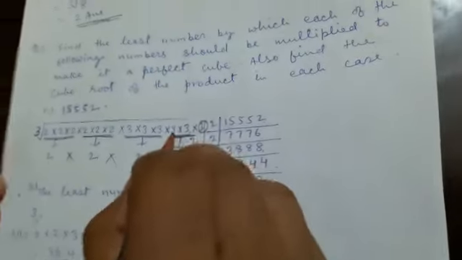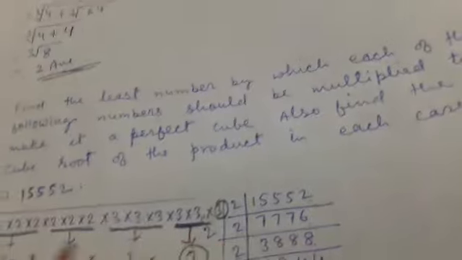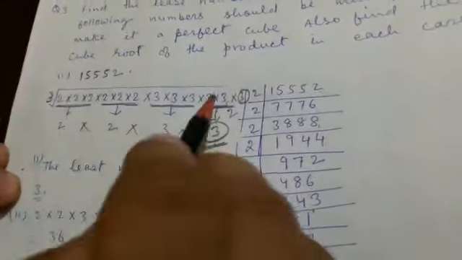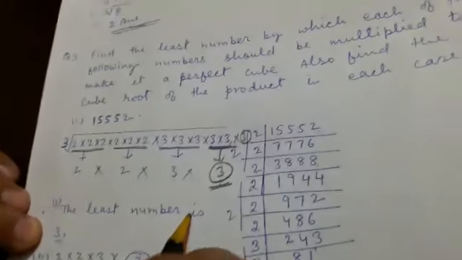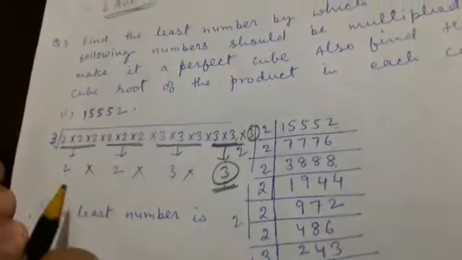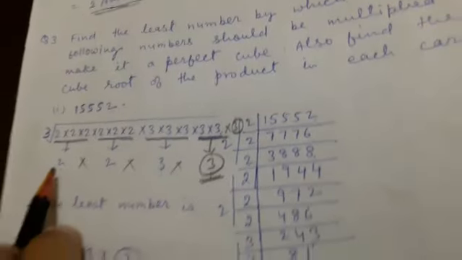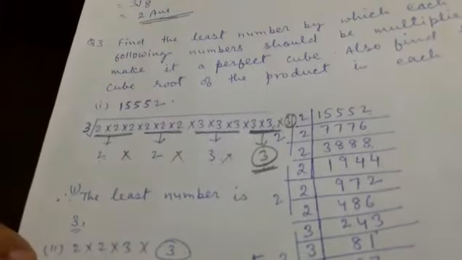Remove them by dividing by 9. We will remove both these 3s from this place. Then what will be the required number? 9 is the least number by which we can divide the given number. Then it will become a perfect cube. And what will be the cube root? Then 2 times 2 is 4, times 3 is 12, which will be the cube root in that case. Remember it.